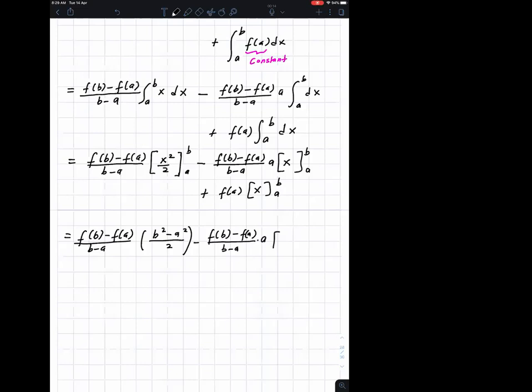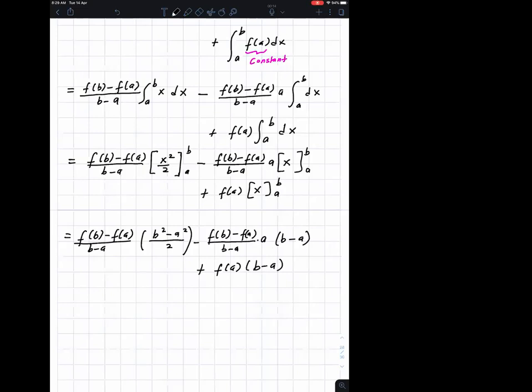But then you upper limit minus lower limit. Plus FA multiplied by upper limit minus lower limit.